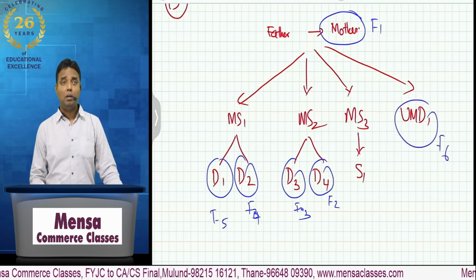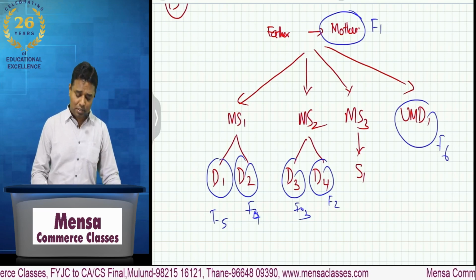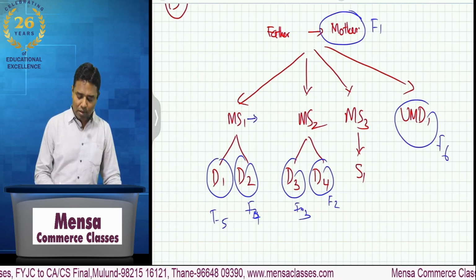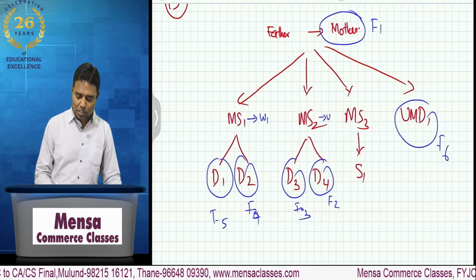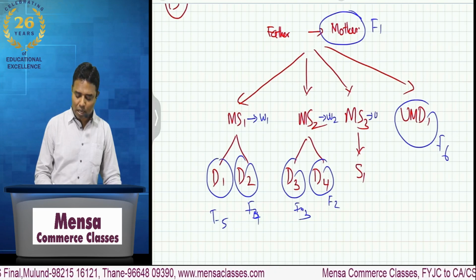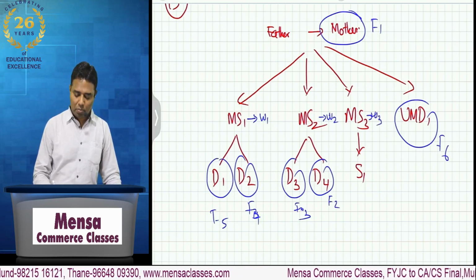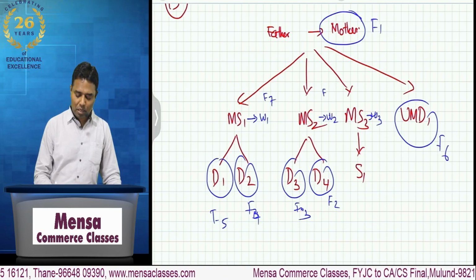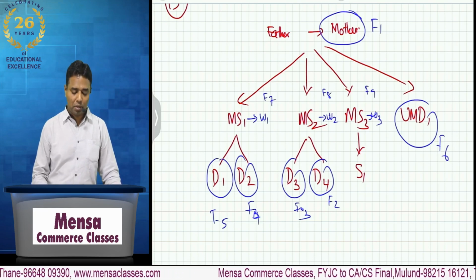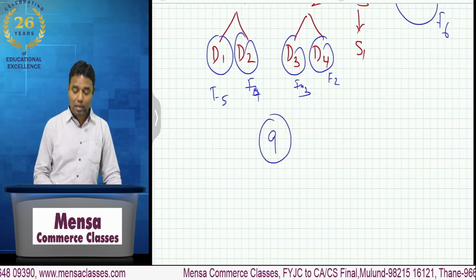Correct? But the catch point is they are married, so they will have their wife, this person will have his wife, this person will have his wife. So totally it will become 7th female, 8th female, 9th female. So how many females? 9 is the correct answer.